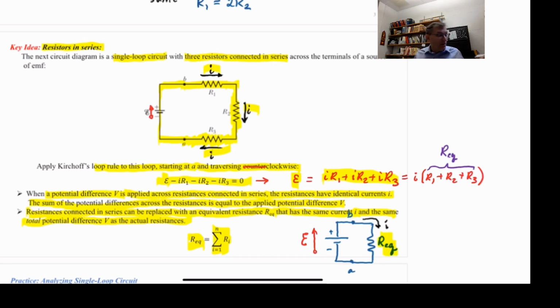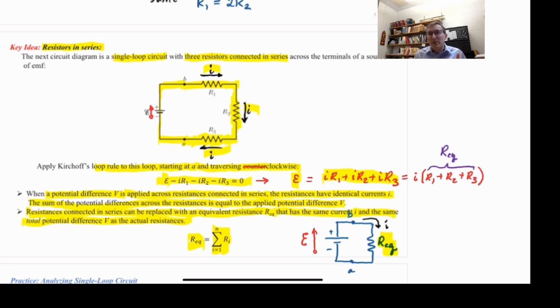Now it's worth pausing here for a minute and pointing out, do you remember how we found the equivalent capacitance when we had, say, 3 capacitors in series? I'll remind you, the rule for finding the equivalent capacitance for capacitors in series is not the same rule as for resistors in series, so watch out for that. In fact, the rules are completely reversed.